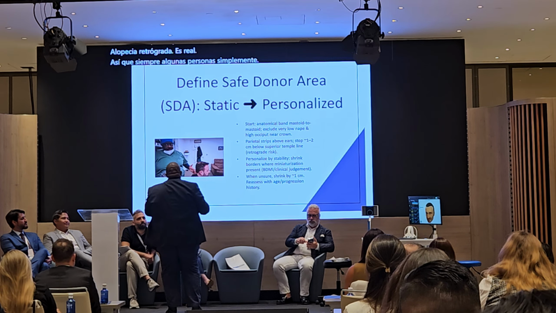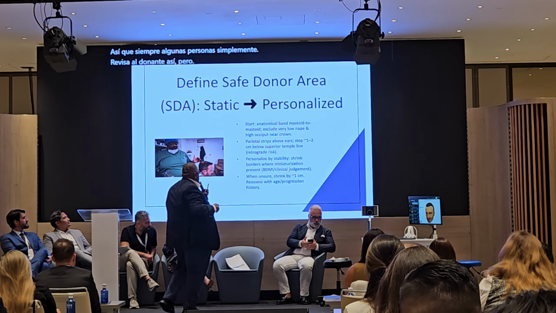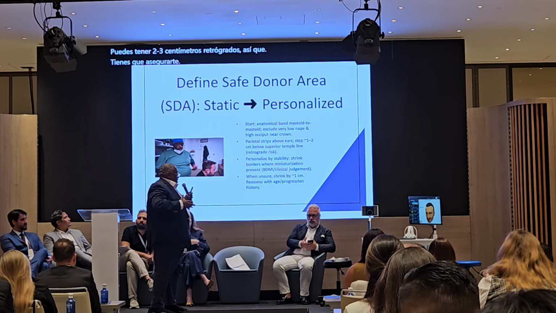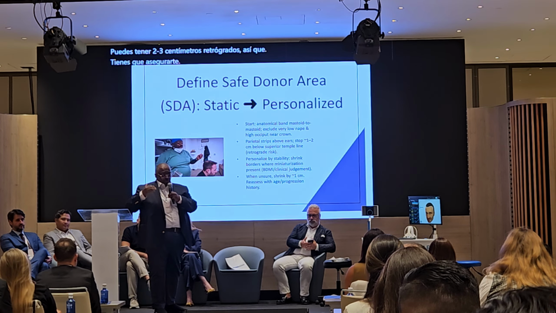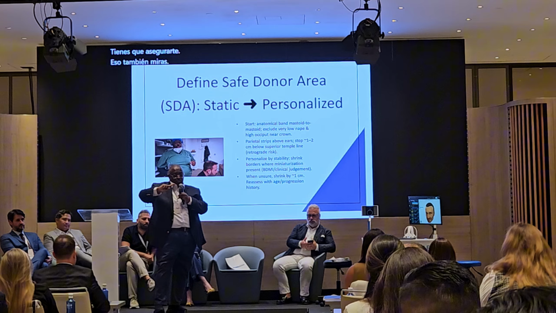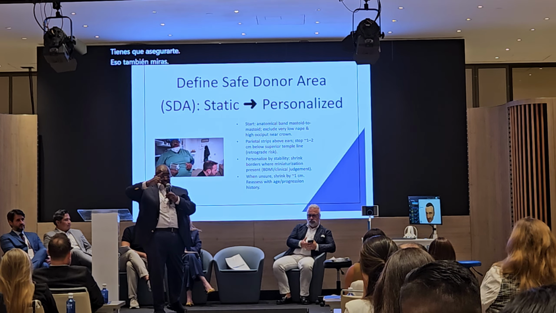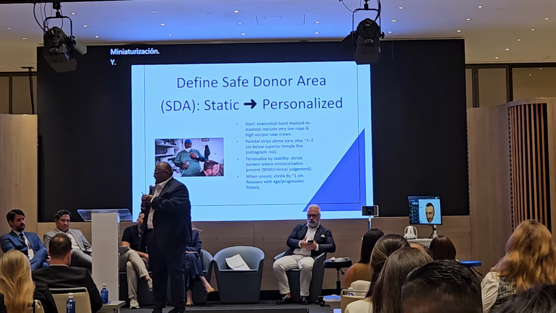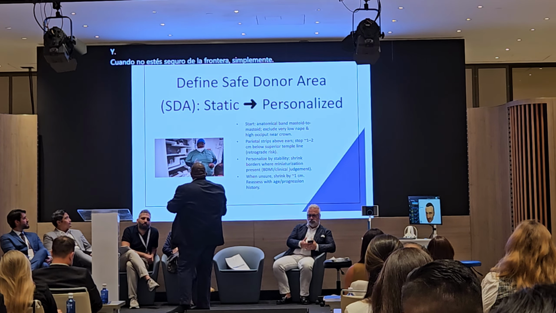So you have to make sure that you also look at miniaturization. And when you're not sure about the border, just do a safety zone. I usually do a safety zone. I just decrease by 1 centimeter just to make sure that I stay in the safe zone.